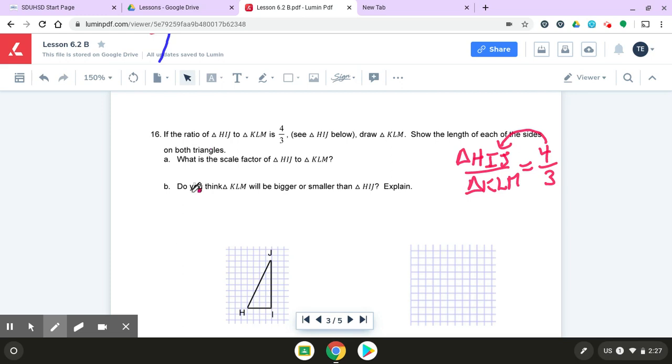So here, kind of answered those questions backwards, but that's okay. I need to get to my cursor tool. All right. KLM is the smaller triangle because it lines up with the smaller number in the ratio.